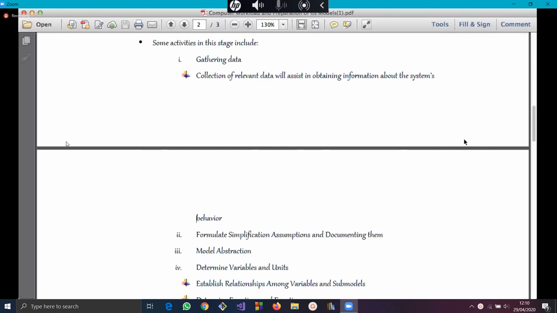The next thing here is model abstraction. Model abstraction is really writing an equation, and I'm sure I have been doing model abstraction since, can I say, since primary. Some will be like, no, you have never done abstraction.